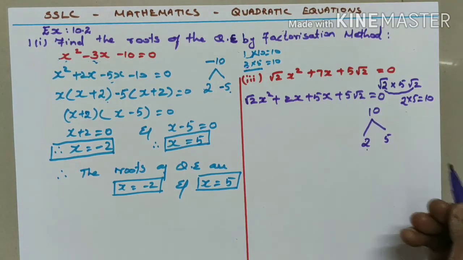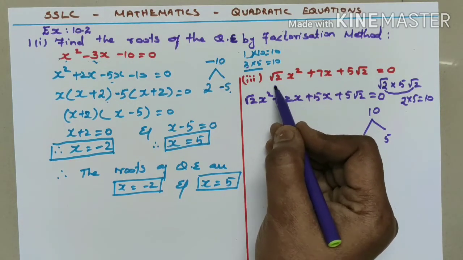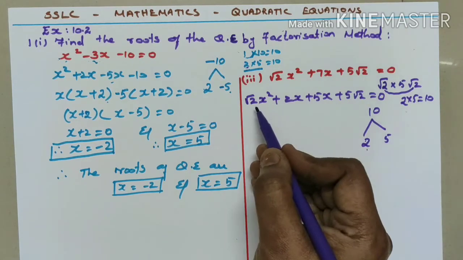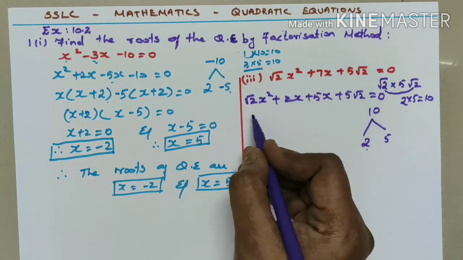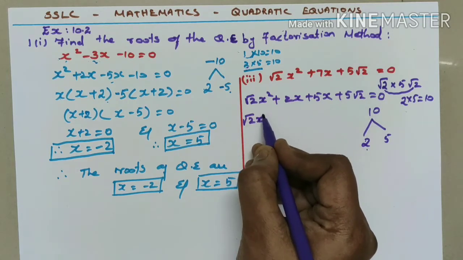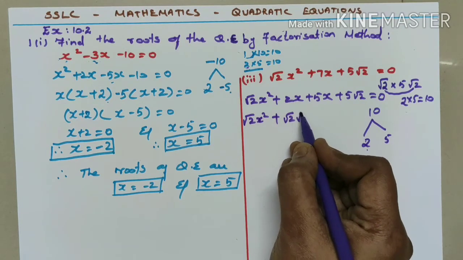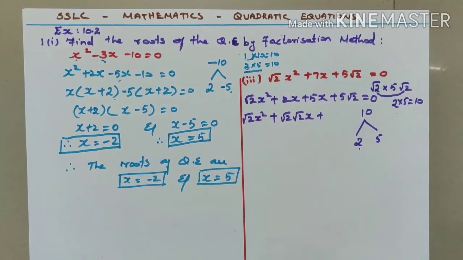Is it clear, children? Now one more step, because here root 2 is there. So one more extra step here we should follow. Convert this 2 in terms of root 2 into root 2. So write the first term as it is, plus 2 can be written as root 2 into root 2. Correct? Then this x as it is.